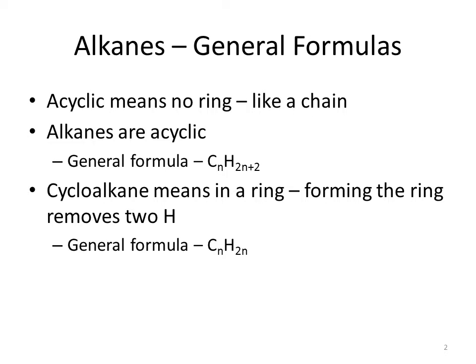This means that the general formula for any cycloalkane is CnH2n. So cyclopentane, which has 5 carbons, must have 10 hydrogens on it, 2 hydrogens on each carbon. So the general formula for cyclopentane is C5H10.